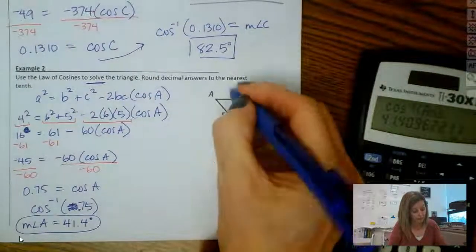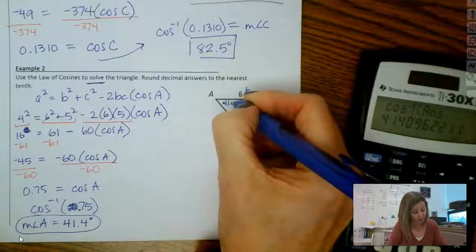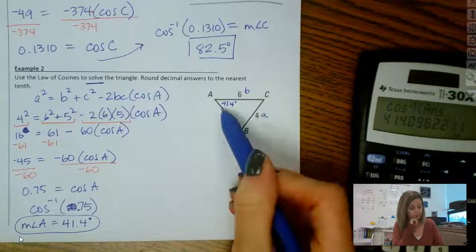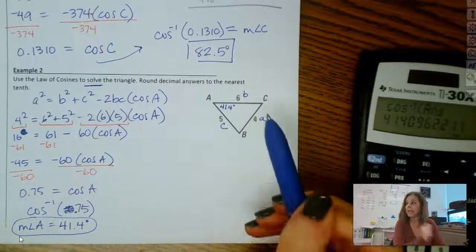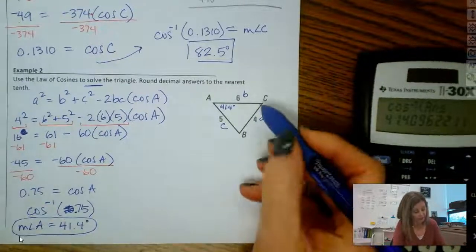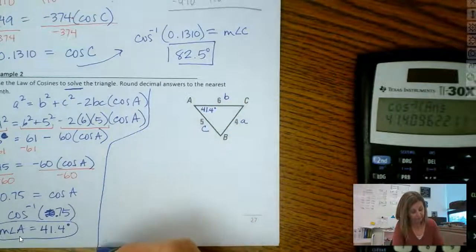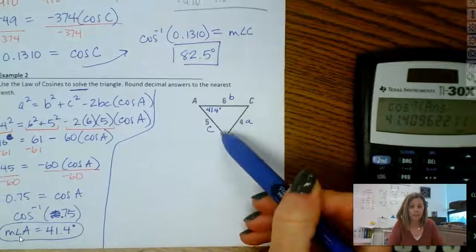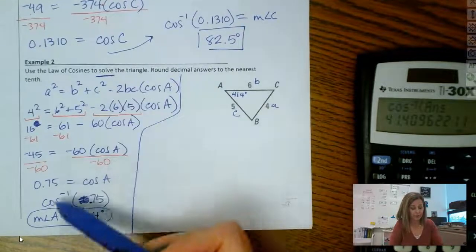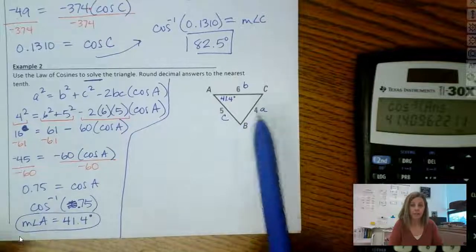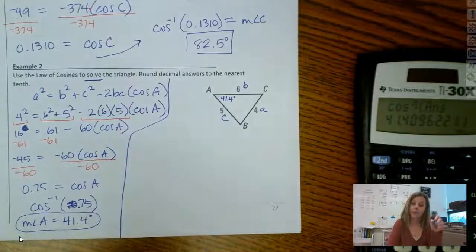Now, if you want to write that on there, you can. I will probably target either B or C next, so maybe I'll just go for B. I'm going to need to redo this for B. If I want angle B, I want the one that starts with B squared.